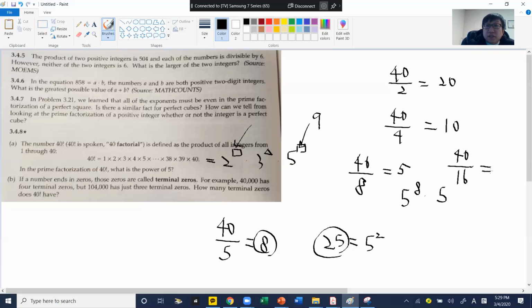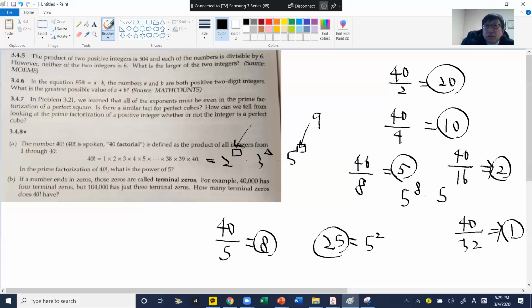How many? Just 2. How about the next one? 2 to the 5th, 32. So you got 1, right? So you set up 20, 10, 5, 2, and 1, right? So 38. This is 38. Like this way you can find it.